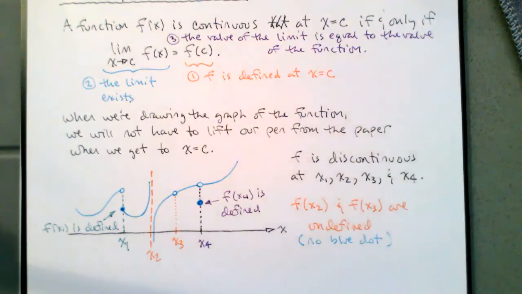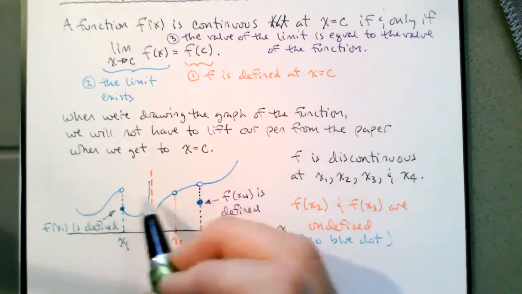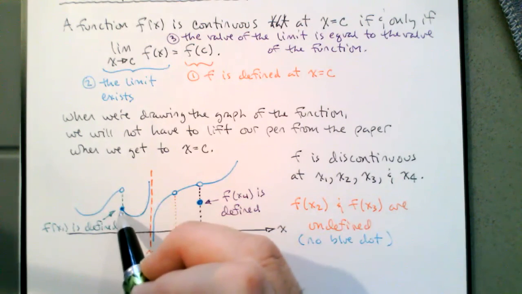The function is defined. The second part of the definition of continuity is that the limit exists. And that's why the function is discontinuous at x1. Notice that from the left, we're going to one value up here, and then as we approach from the right, we're going to some other value.